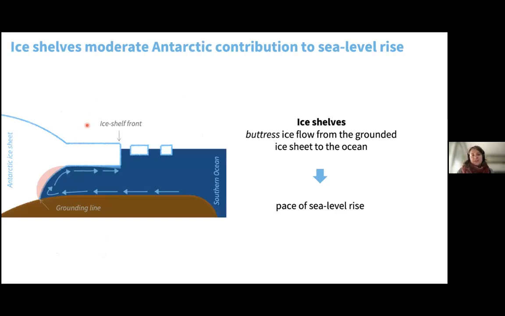Ice shelves buttress the ice flow from the grounded ice sheet to the ocean. This way they moderate how fast grounded ice lands in the ocean, and therefore they moderate the rate of mass loss from the Antarctic ice sheet into the ocean, which essentially means that they moderate the pace of sea level rise at the moment, especially.